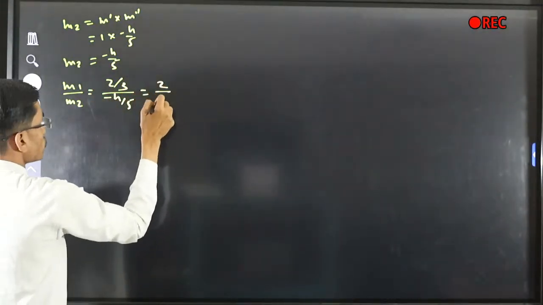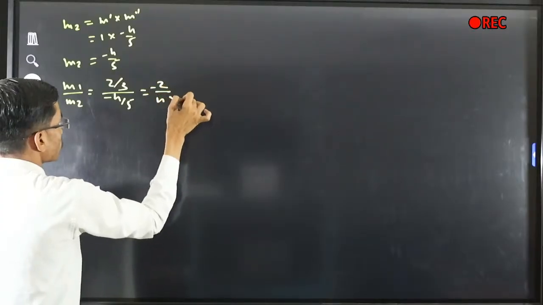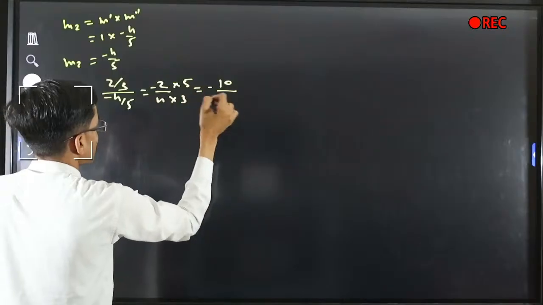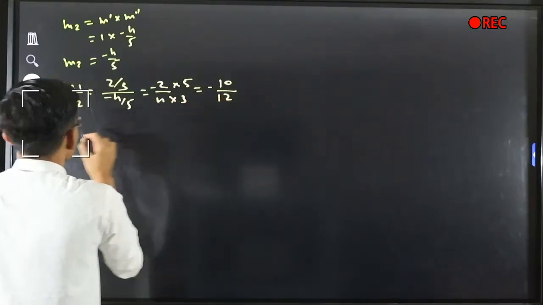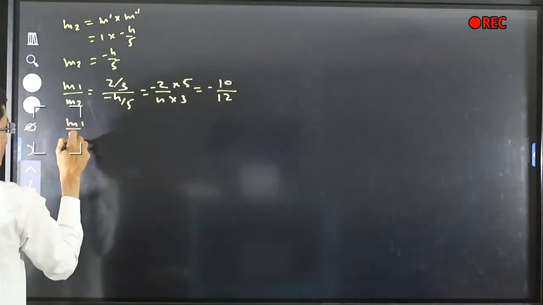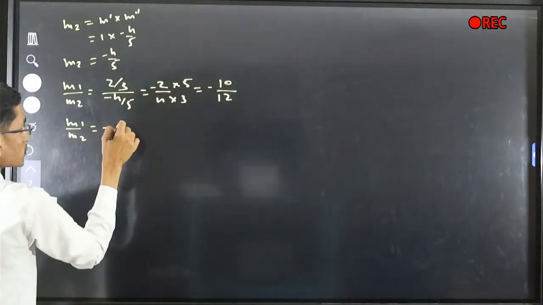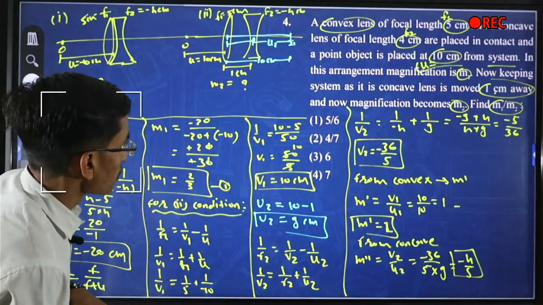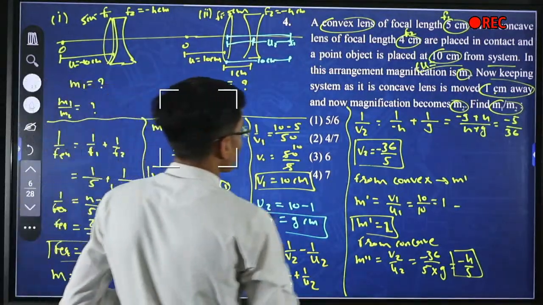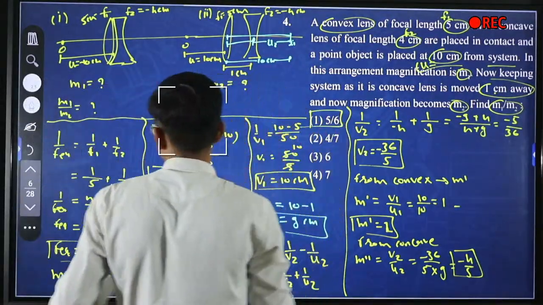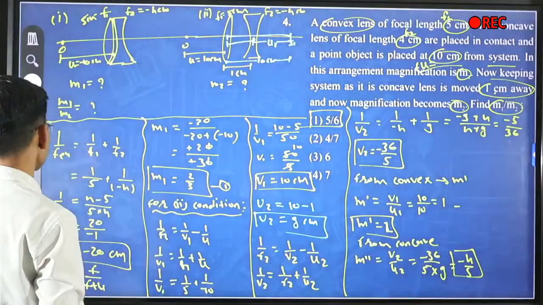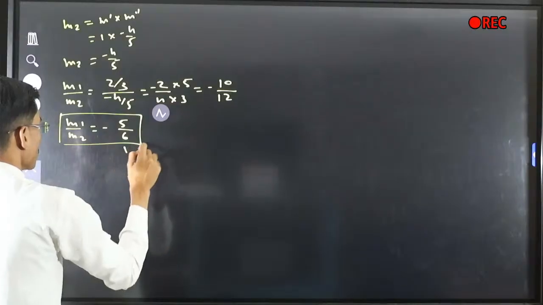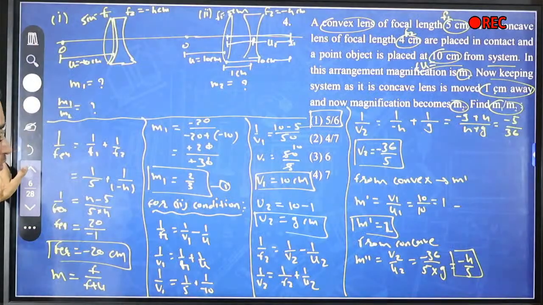So 2 by 3 into 5 by 4, so minus 10 by 12. So m1 by m2 is equal to minus 5 by 6. So the magnification becomes 5 by 6. Our answer is 5 by 6.